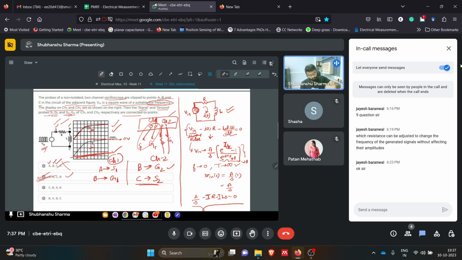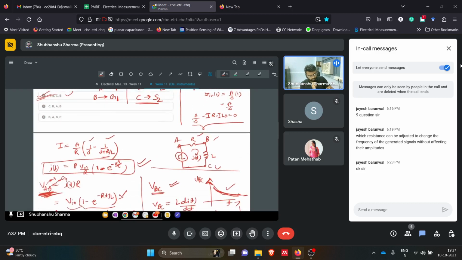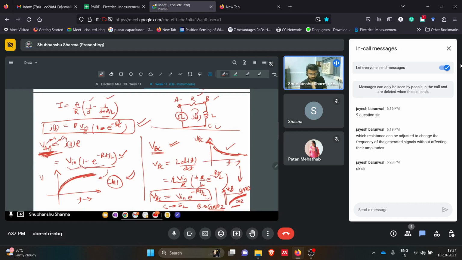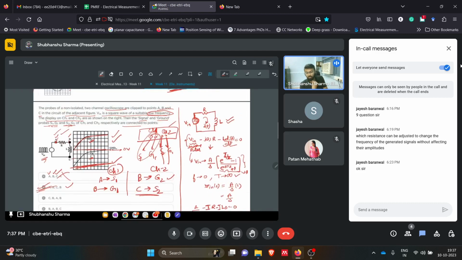So we connected these oscilloscope channels to A, B, C. We didn't know where these were connected. We found the voltage expression for the resistance and inductor by using Laplace and getting back the time domain equation for the current, and then we found the voltage. Then we came to know that for the resistance, whatever we were getting as the drop across it, the same thing we are getting as the output in the oscilloscope.